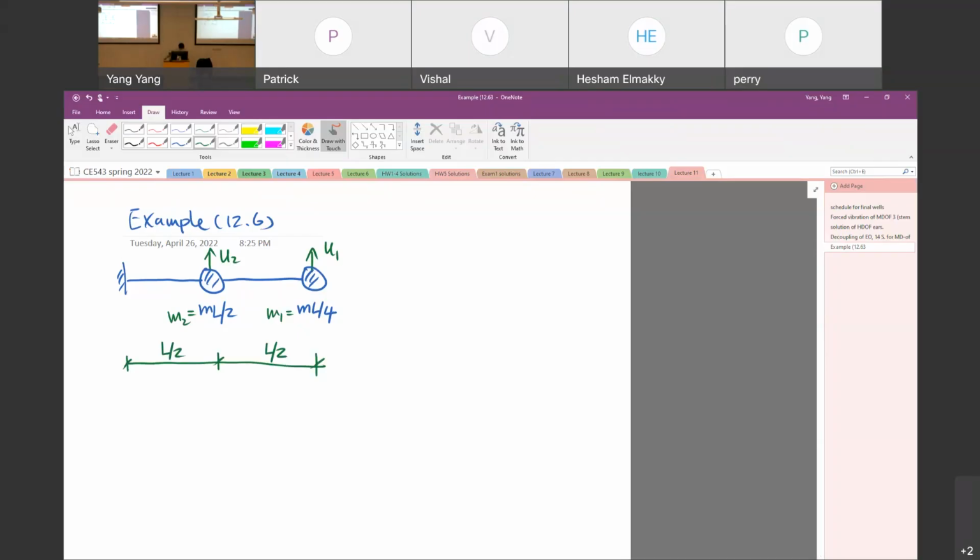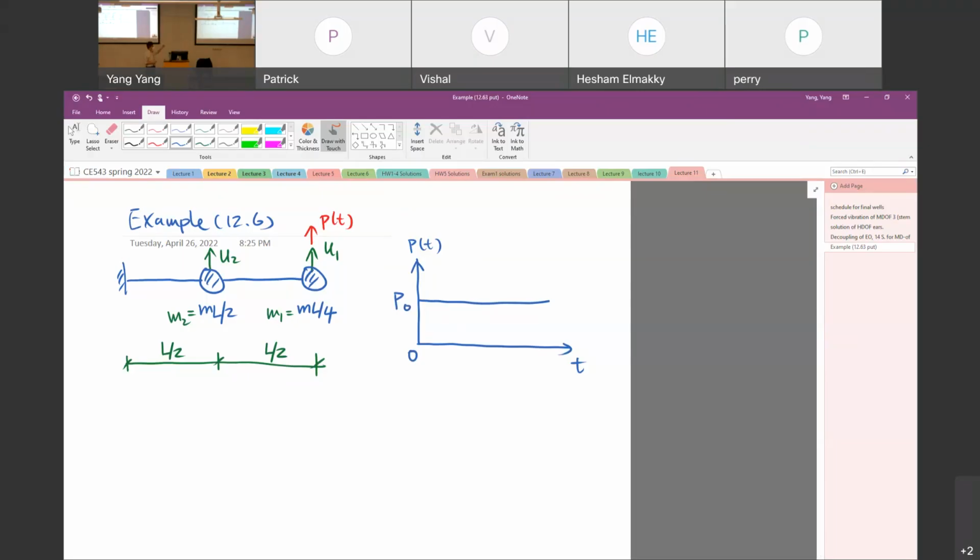And if this system is under a force, that's a constant force, right?